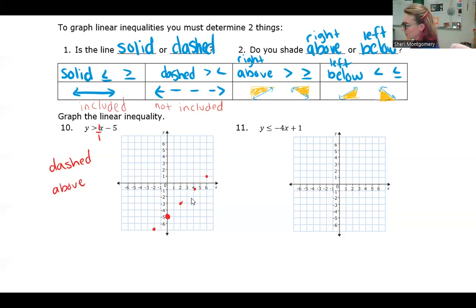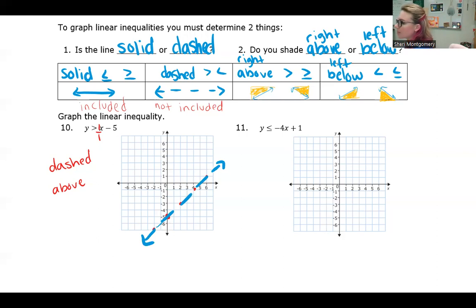Once I have the points, I have to be careful because I don't just draw my line. Sometimes you do, but for this one, it needs to be a dashed line. So I need to make sure that when I connect the points, I make it dashed. So it's going to be a dashed line.